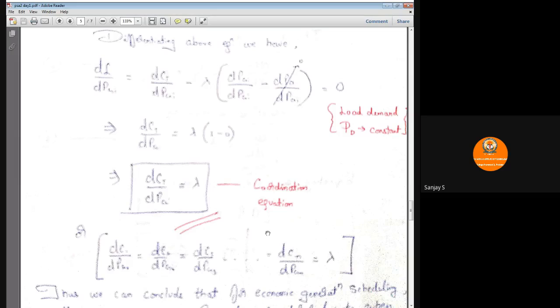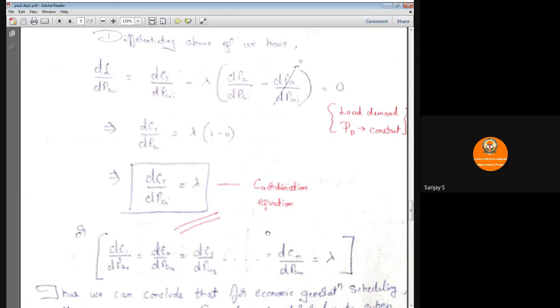What this equation conveys is very, very important right now. dCt by dPGA is nothing but differential of the cost. This is equal to a constant parameter. And this expression, I have written dCt by dPGA, Ct means total cost.